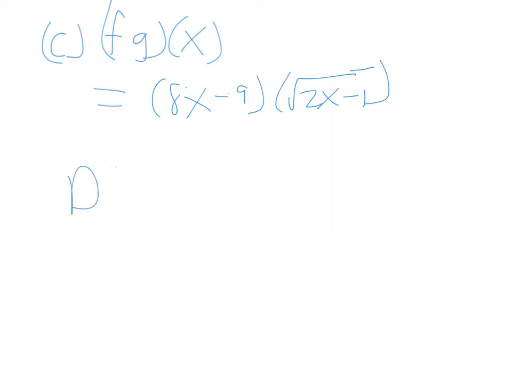So the domain would be equal to, again, you can't have a negative number underneath the square root, so the 2x minus 1 has to be non-negative, so the domain would still be the same, from 1/2 to infinity.